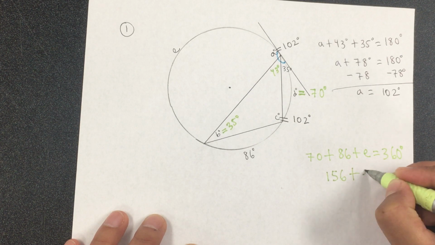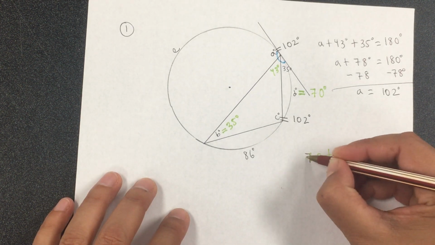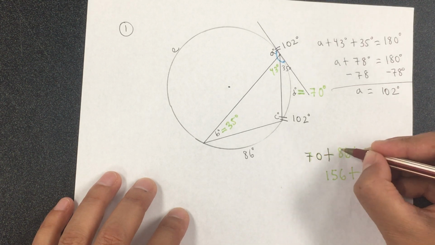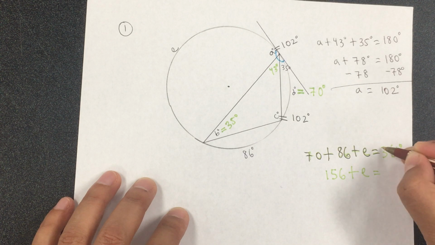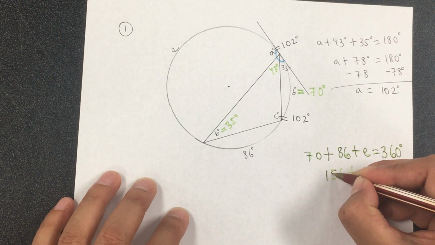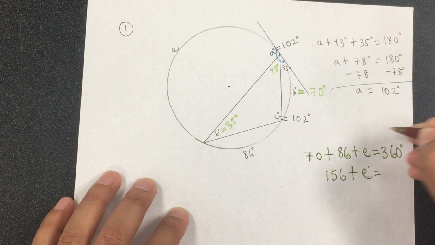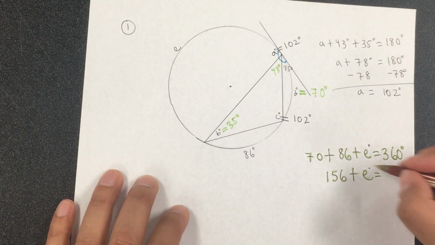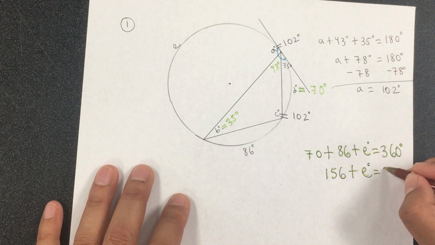I add this, and so it's going to be 156 plus E. Let me change my color because I think it's a little easier to see darker colors. Okay, so that's going to be equal to 360 degrees. And you can put this mark or not, it's up to you. At the end, we know that those are degrees.